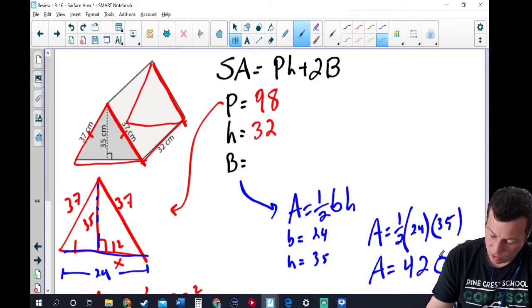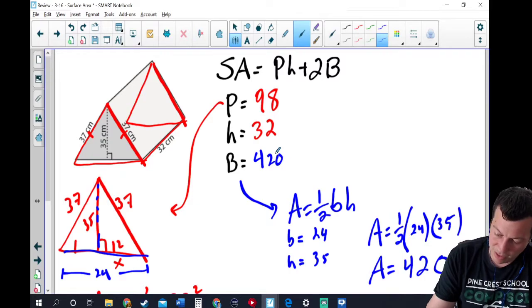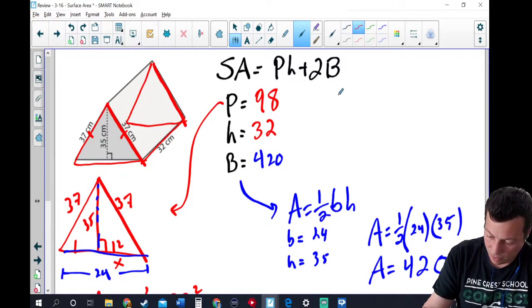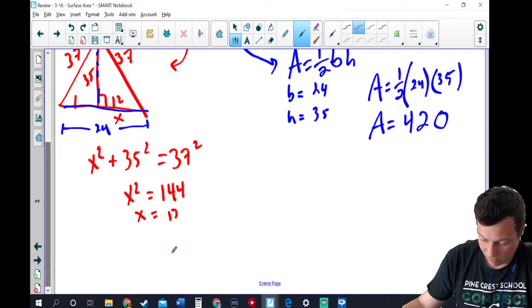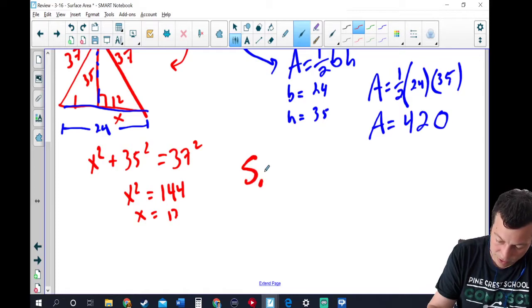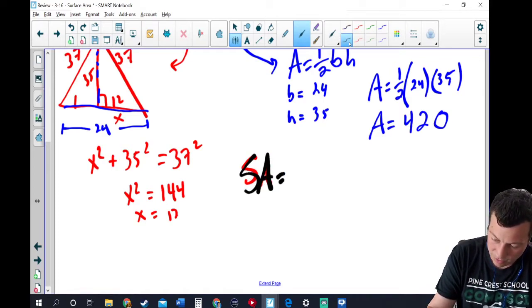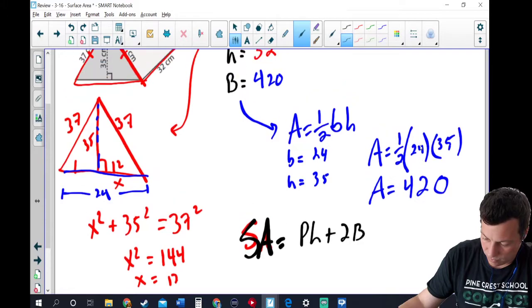And so we have all the information we need now. We plug it in. We know our surface area is PH plus 2B. We know the perimeter was 98.